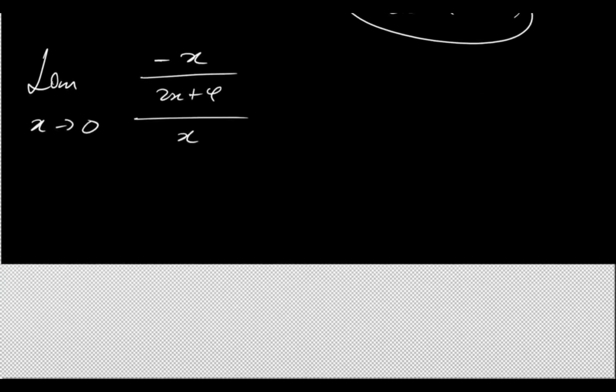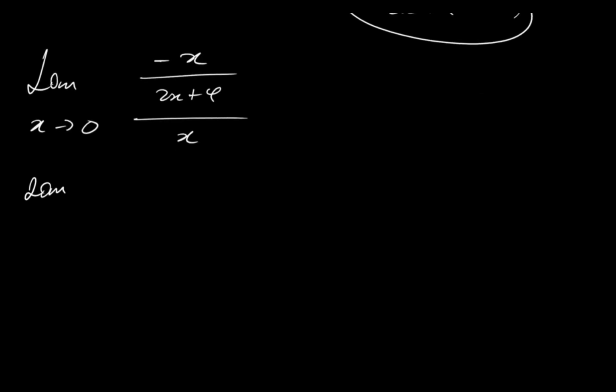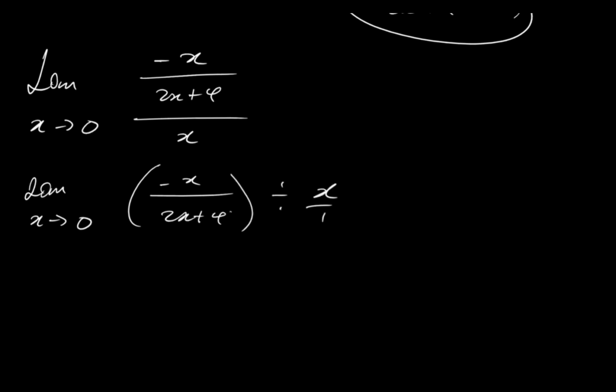Now, we all know that this can be written in this manner: the limit as x approaches 0 of minus x over 2x plus 4, divided by x over 1. This changes to multiplication times 1 over x.